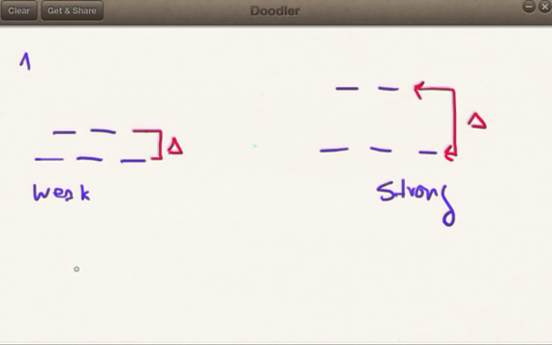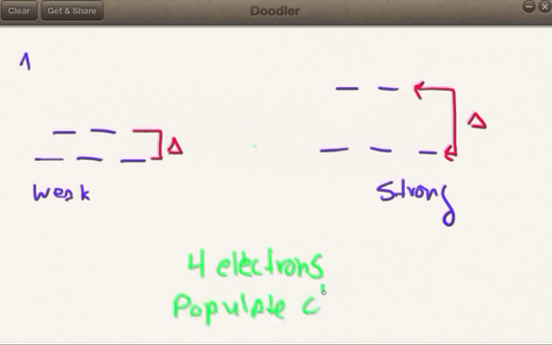So let's just say that for the sake of this scenario, I have 4 electrons that are going to populate the d orbitals. And what I want to do is compare the weak field to the strong field. So 4 electrons.